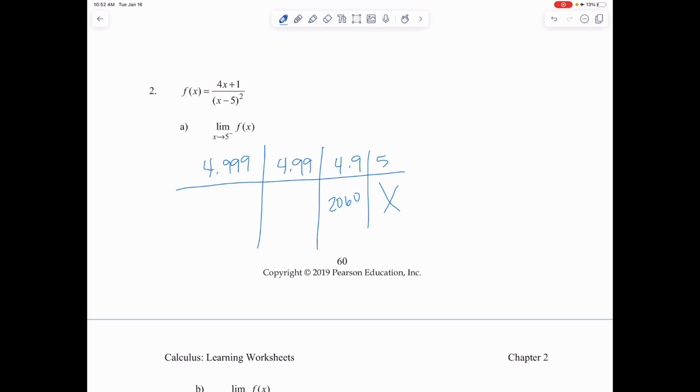And if we do 4.99, 209,600. And if we do 4.999, we can see this is obviously growing quickly to infinity.